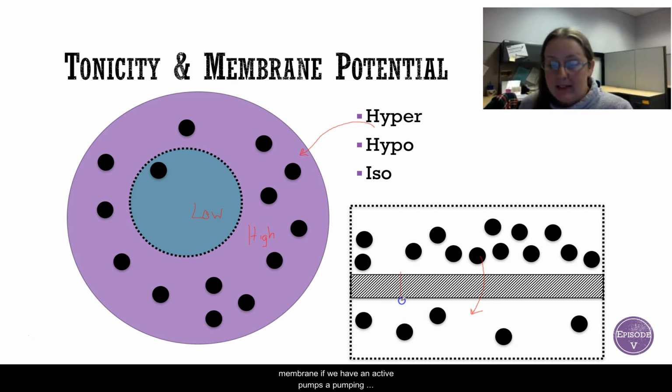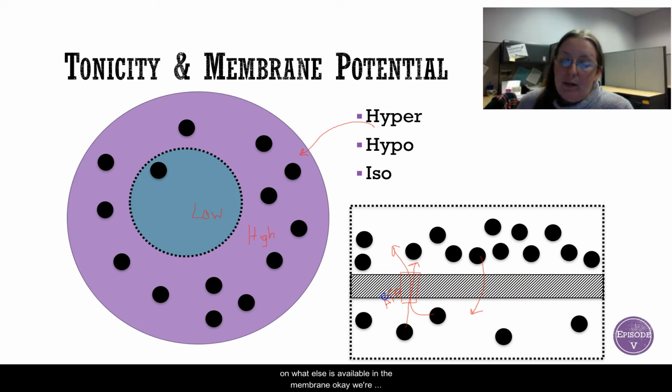If we have an active pump, say pumping protons or sodium and potassium ions across the membrane, then we are increasing the concentration on this side, the top side of the membrane here. What this does is it creates basically a giant pile of molecules behind a dam. You're building up an increasingly high concentration on this side of the membrane using ATP at an active transport pump.